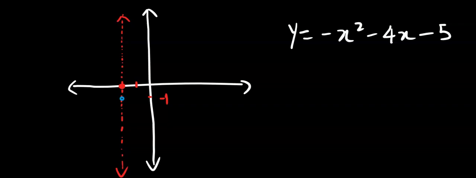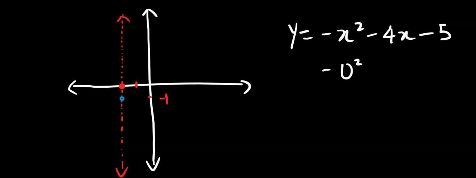And the next one is you have so much freedom because you can go ahead and pick an easy point. So I'm going to copy down what we have. We have y equals -x squared minus 4x minus 5. My easy point is I want the x to be 0.